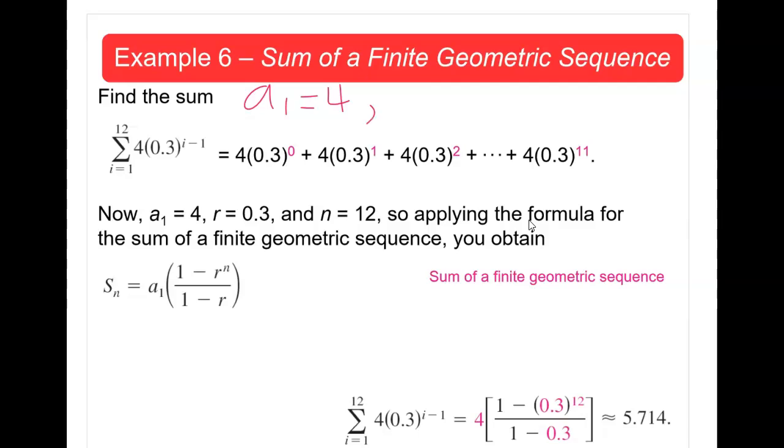And the last term, which we're going to call a sub 12, is going to equal 4 times 0.3 to the power 11, so 1 less than the subscript.